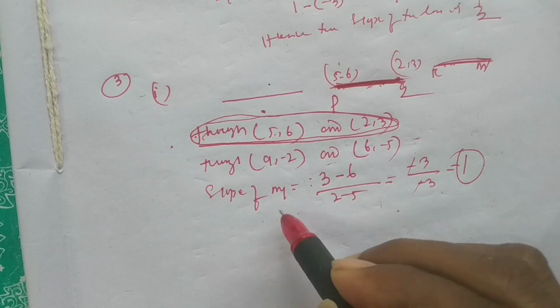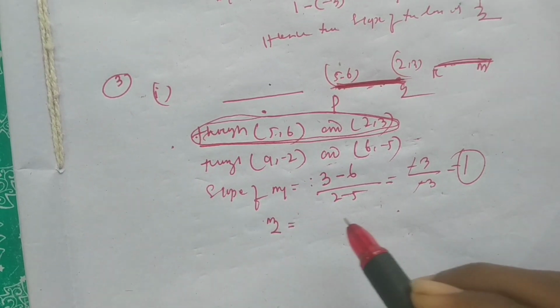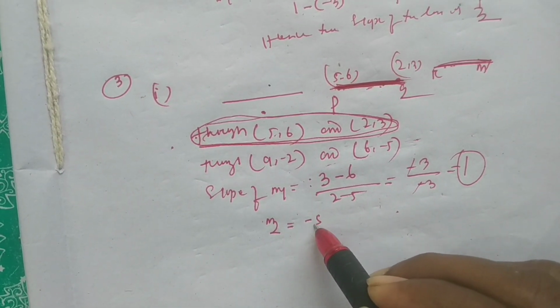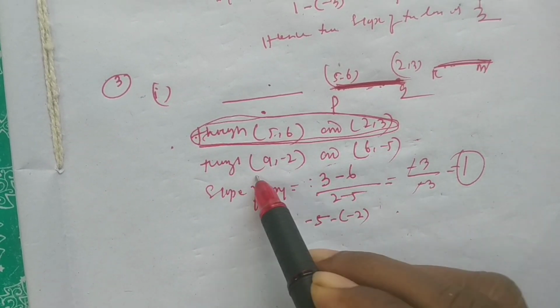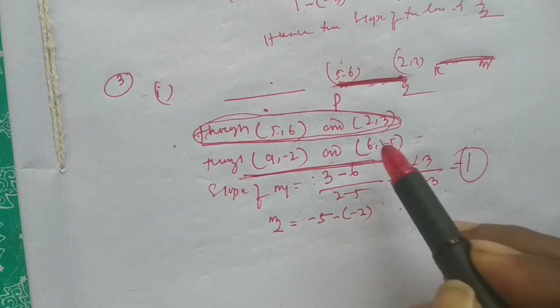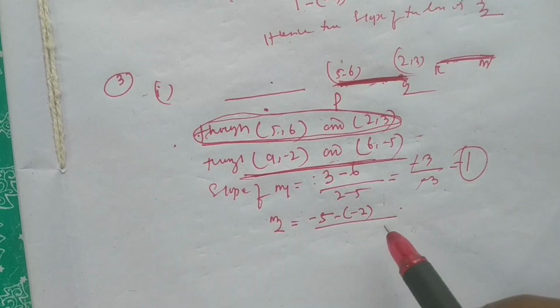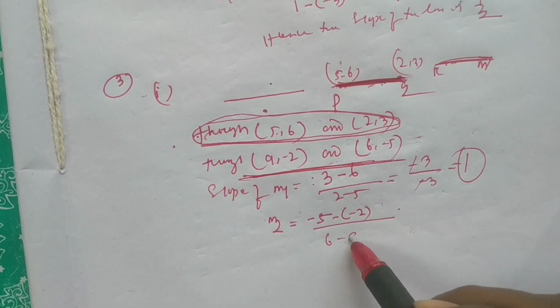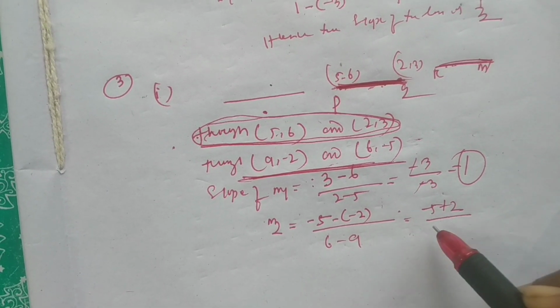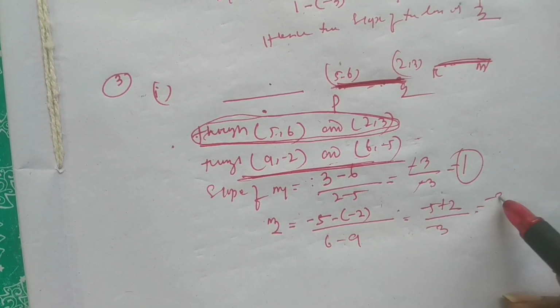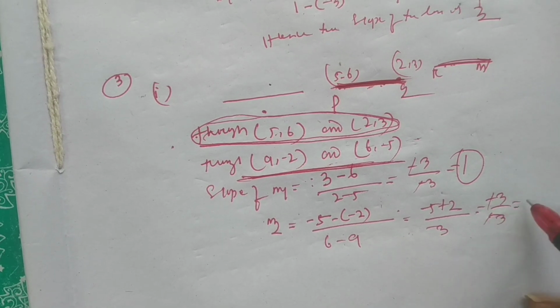And the second slope M2 is minus 5 minus of minus 2 by 6 minus 9, that is minus 5 plus 2 by minus 3, which is minus 3 by minus 3, that is 1.